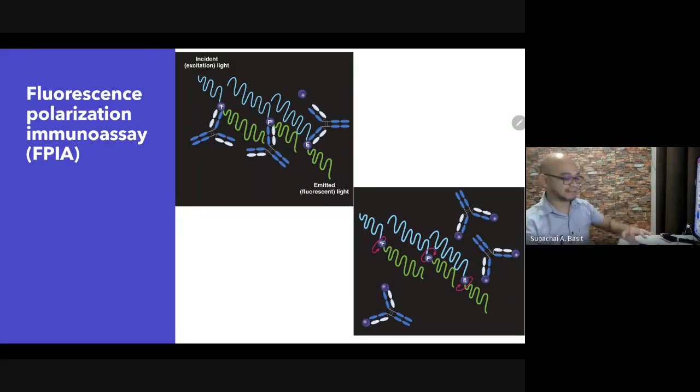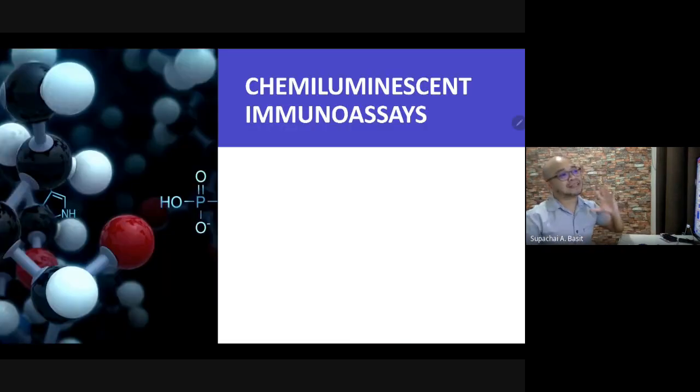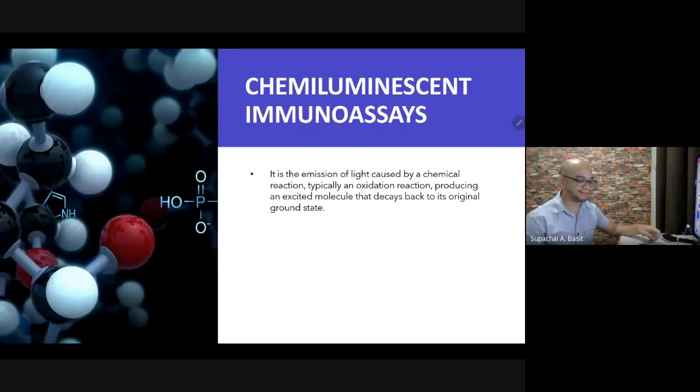So the last immunoassay that we have, before I dismiss you, is the chemiluminescent immunoassay. Why do we call it chemiluminescent? The reason is because it involves the emission of light caused by a chemical reaction, typically an oxidation reaction, producing excited molecules that decay back to their original ground state.